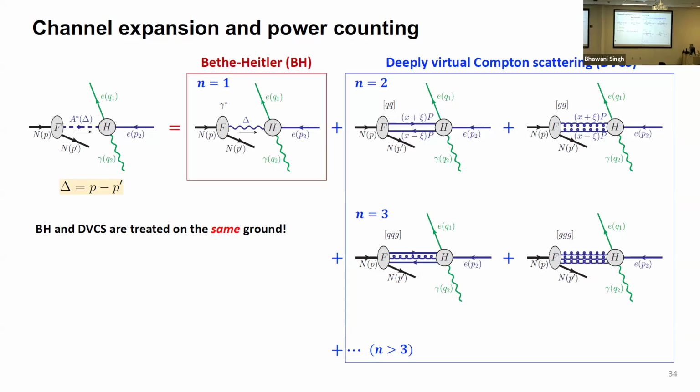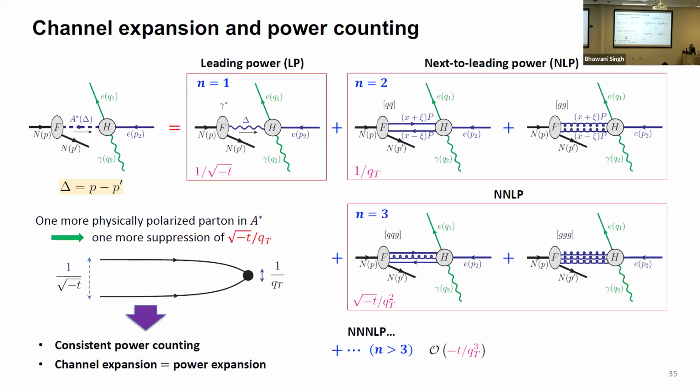The power of this two-stage picture is that we can treat these two sub-processes in the same way, as expansions of the same state, A star. So they are treated on the same ground. This expansion is in terms of the number of particles in the A star.